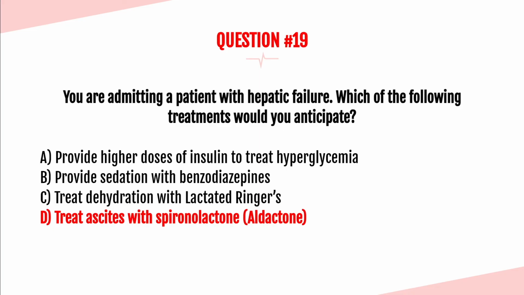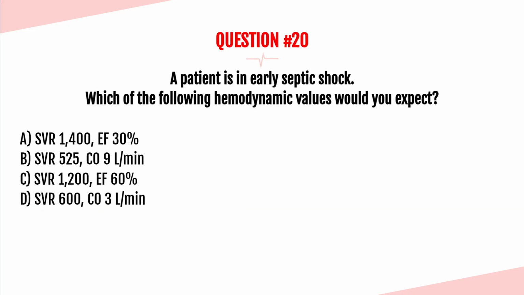Looking at the other choices, patients with liver failure tend to develop hypoglycemia, not hyperglycemia, so we wouldn't give them more insulin. And then sedation should be avoided since it could mask encephalopathy. Lastly, we want to probably not give them lactated ringers because that can result in acidosis if the liver can't metabolize that lactate. So generally, you'd want to use 0.9 instead.